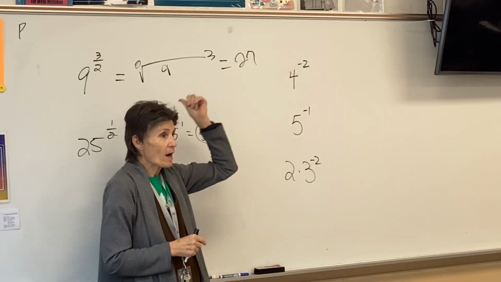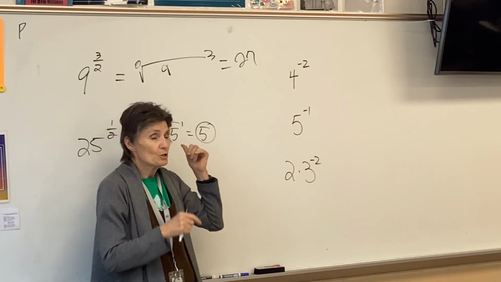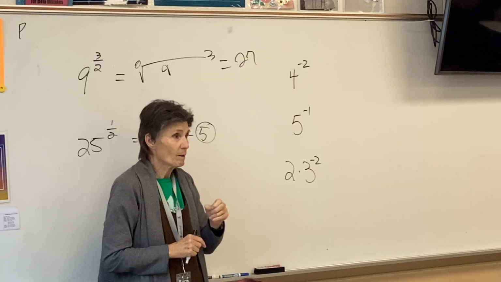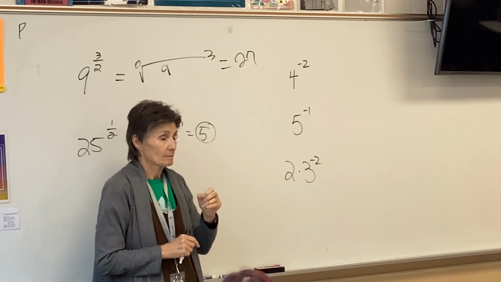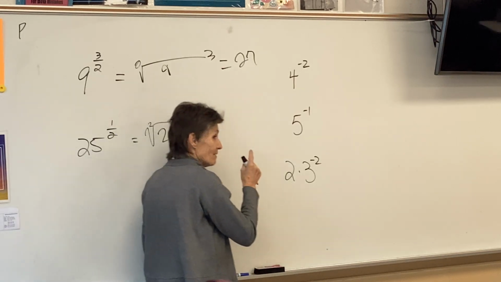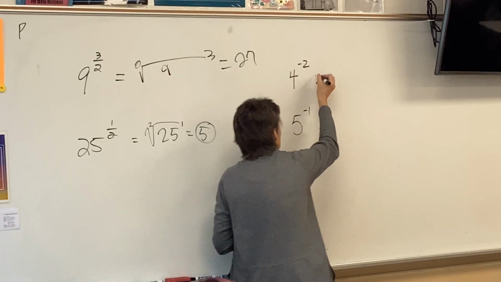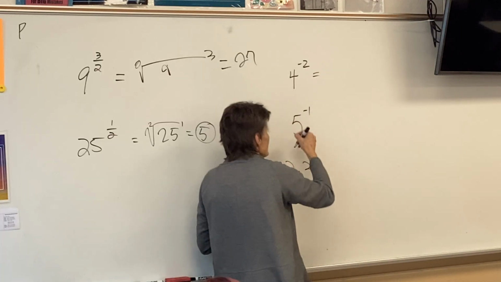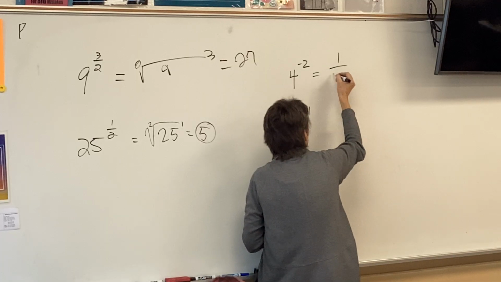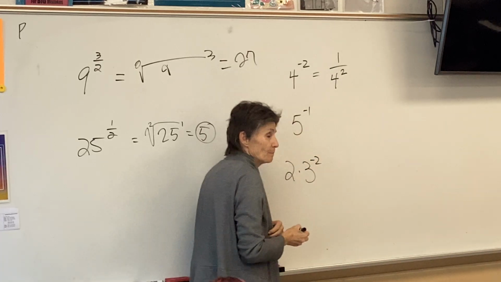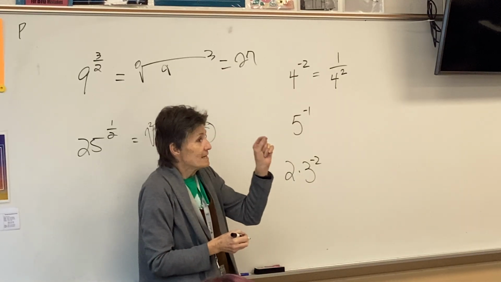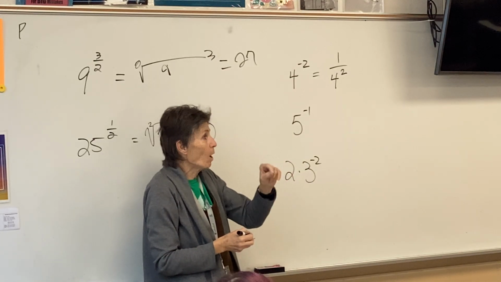When you have a fractional exponent, you immediately think radical. Fractional exponents are radicals. Now, negative exponents mean 1 over. So 4 to the negative second means 1 over 4 squared. Negative exponents mean 1 over.